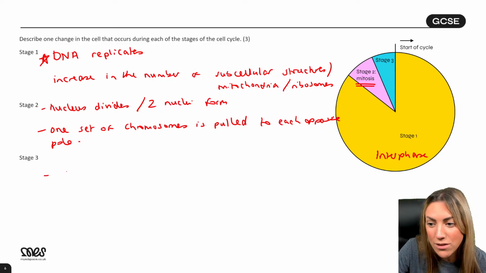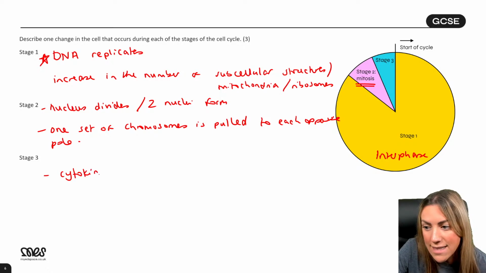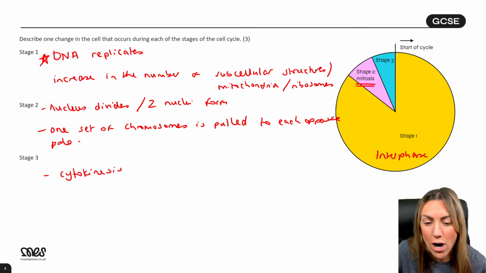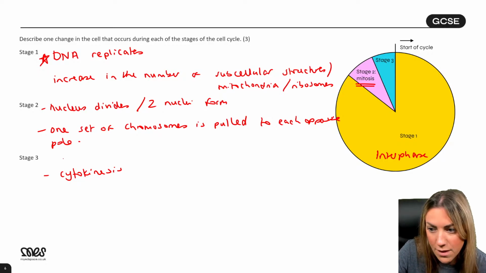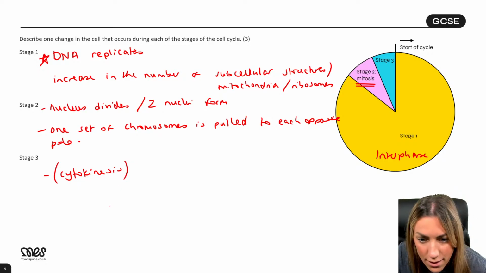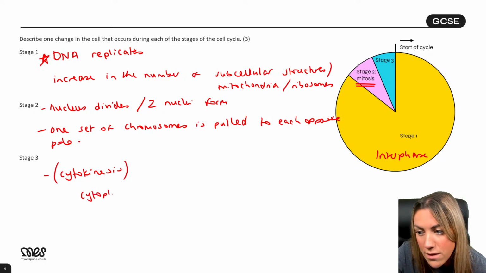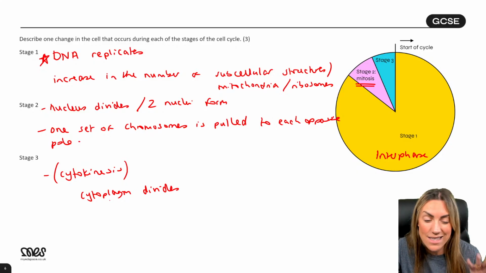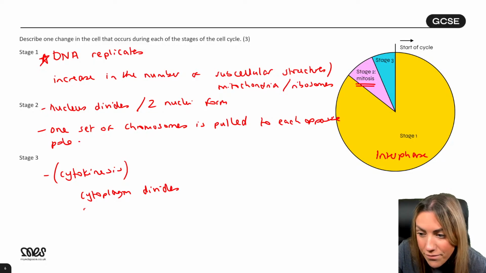Stage 3, again, well done. Some of you know that stage 3 is called cytokinesis, but let's actually describe one change. What is happening? Cytoplasm divides, well done. What else could we say if we want an alternative? Let's imagine we're asked to give 2 things. Cell membrane divides.